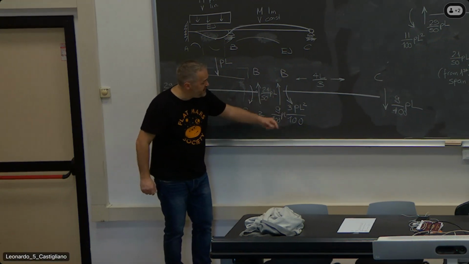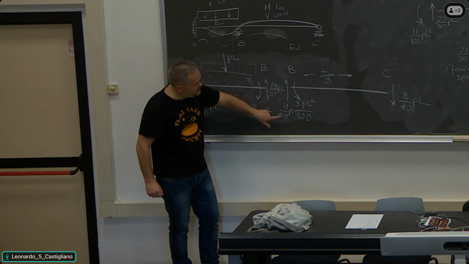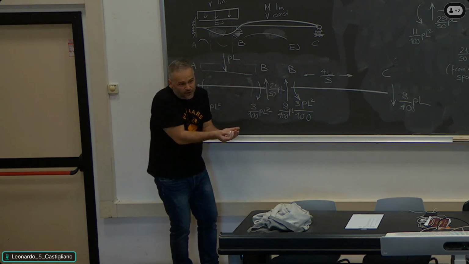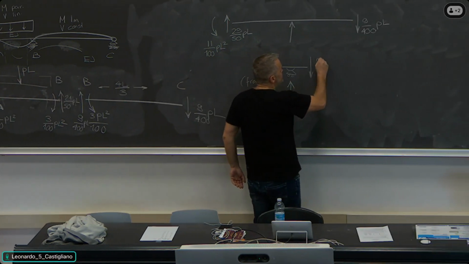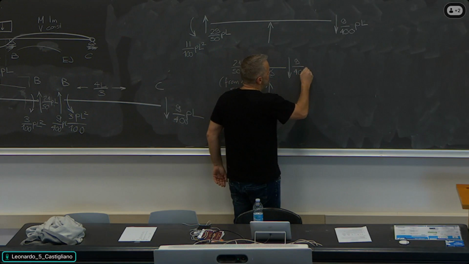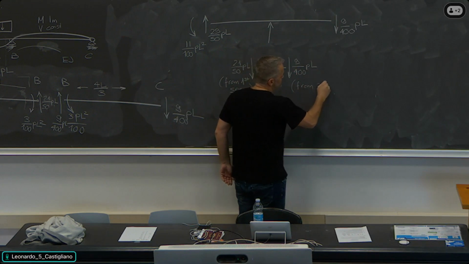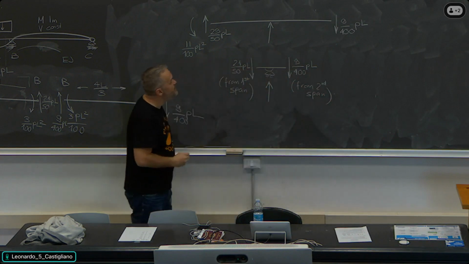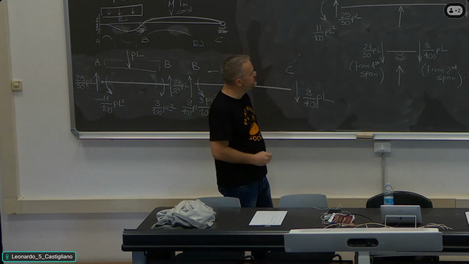The second span is supported by the center support by 9 over 400 PL upwards, which means it rests on the center support with a force which is 9 divided by 400 PL, which comes from second span. So in the end, how much is the restraint force?